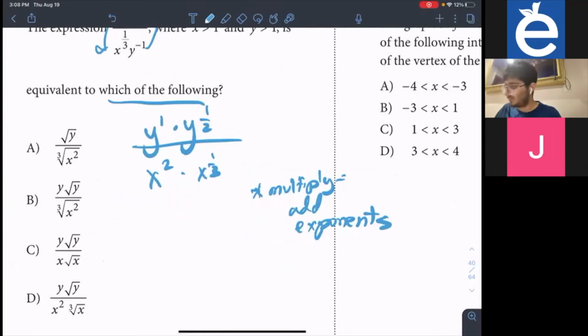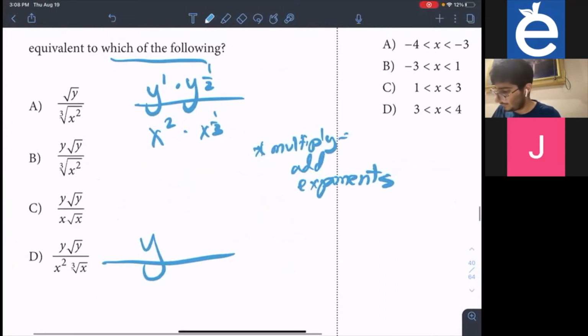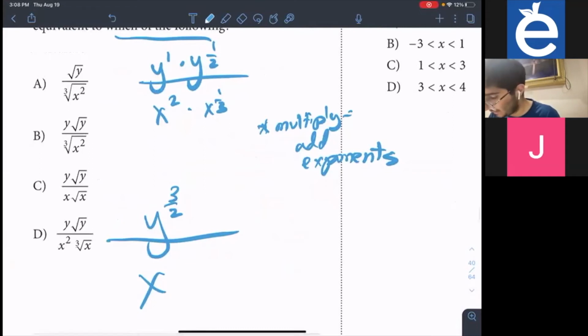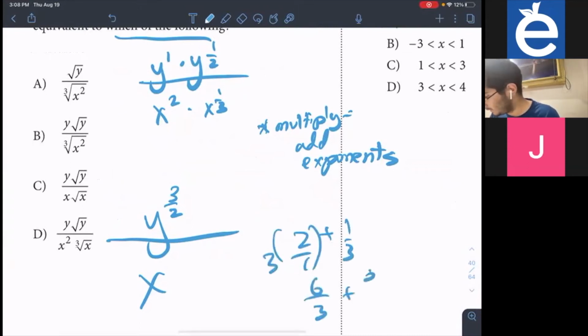So it would be y over x, and then y raised to 1 plus 1/2, which is 3/2, or 1 and 1/2. And then for x, it'd be 2 plus 1/3. Times 3, you get 6/3 plus 1/3. You get 7/3.